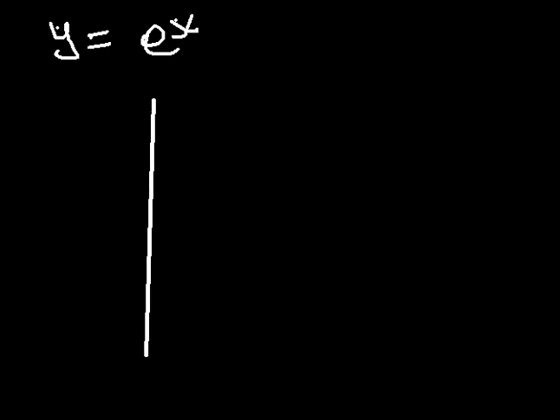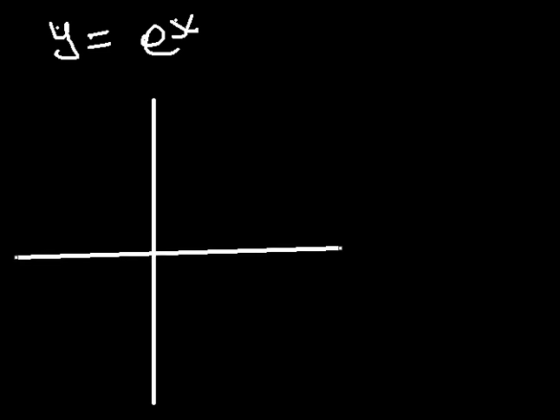Now let's say we have the function e to the power x. So what is the graph of this function? The nature of the graph of this function looks like this.